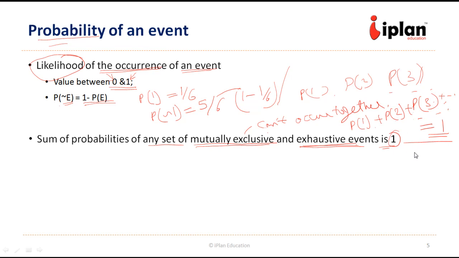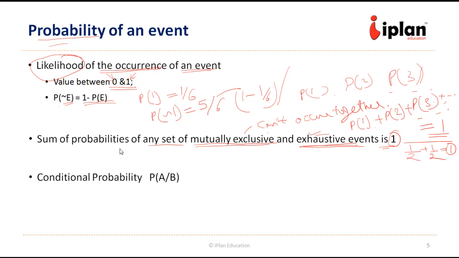Similarly, if we talk about toss of the coin, then heads and tails are mutually exclusive event and both are mutually exhaustive. There is no other possibility, either head can come or tail can come, sum of which should be 1. So sum of the probabilities for any set of mutually exclusive and exhaustive event is going to be 1.